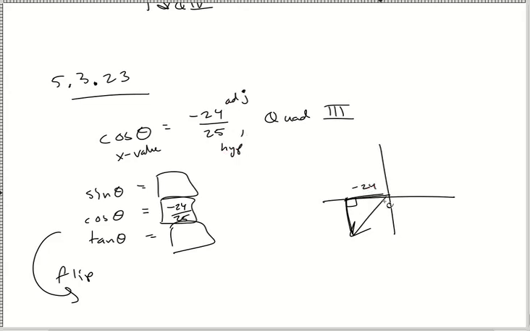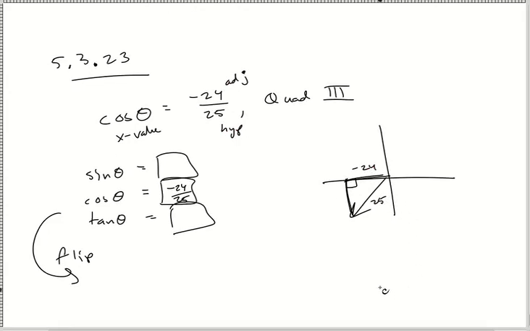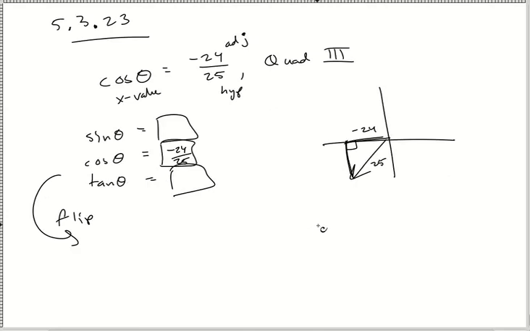So negative 24, got a 25. I'm going to use the Pythagorean theorem to find the y value here. Y is equal to the square root of r squared minus x squared. It's just a manipulation of the Pythagorean theorem that we already had. I just keep using the same old thing. It's just now a minus sign because I'm finding one of the opposites or adjacents.